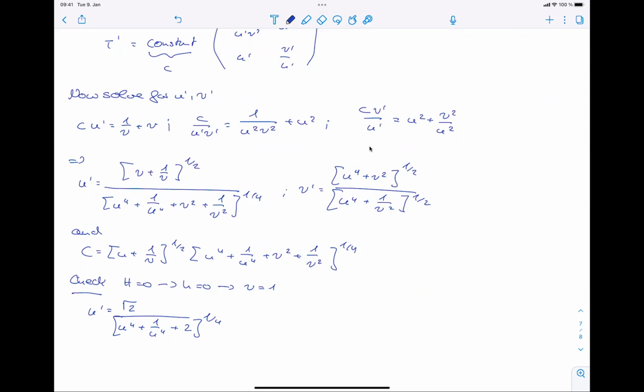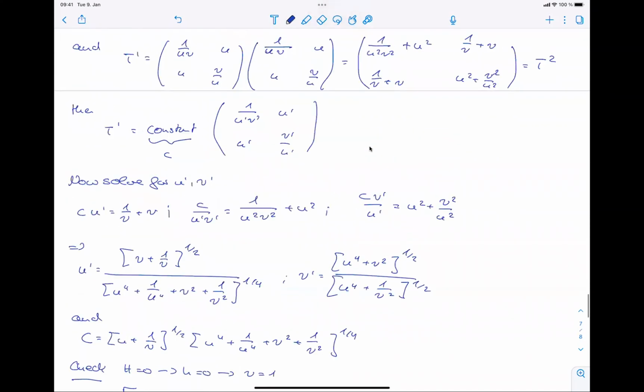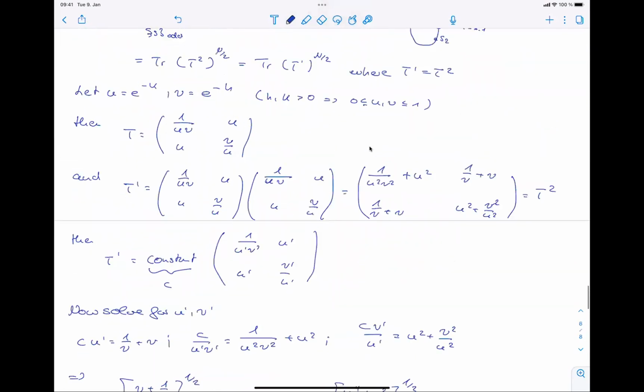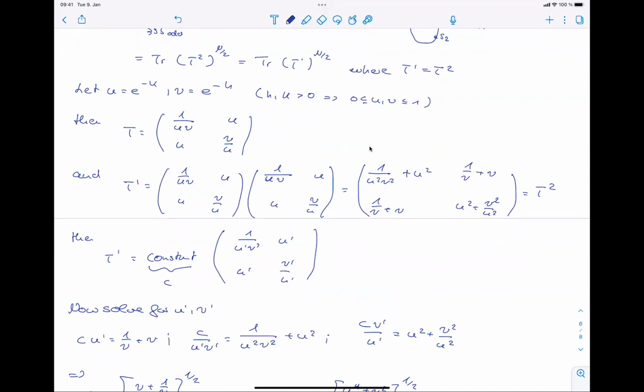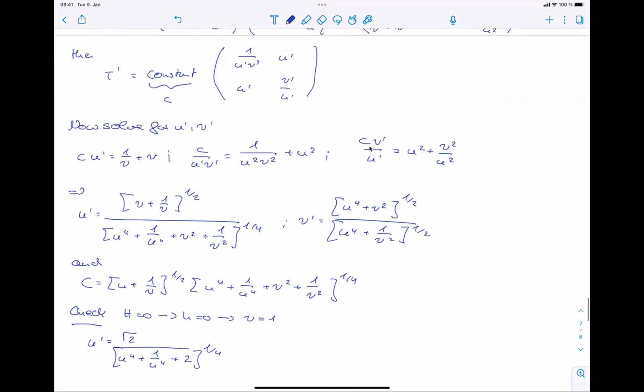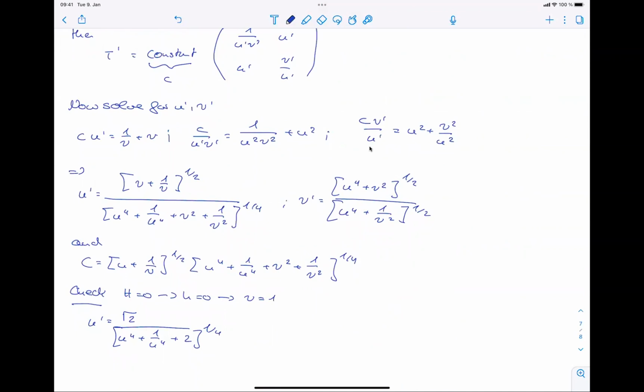So we can take out the root and then remind ourselves where we defined u prime. Okay, so from the u prime, we get e to the minus k prime. So we go back and get a relation for the k prime. And just to be adventurous, try. So this is square root of 2 over u squared plus 1 over u squared square root.